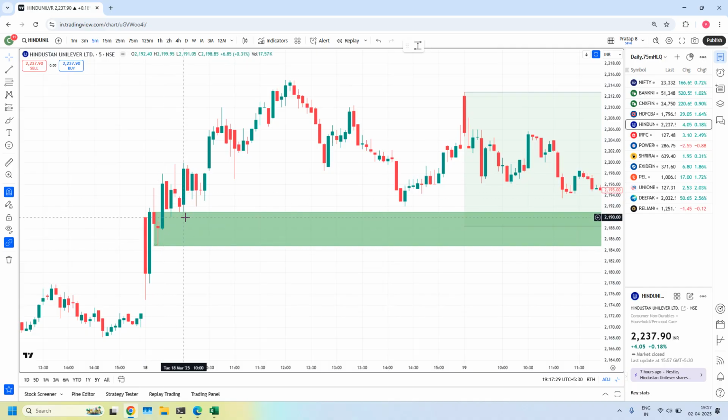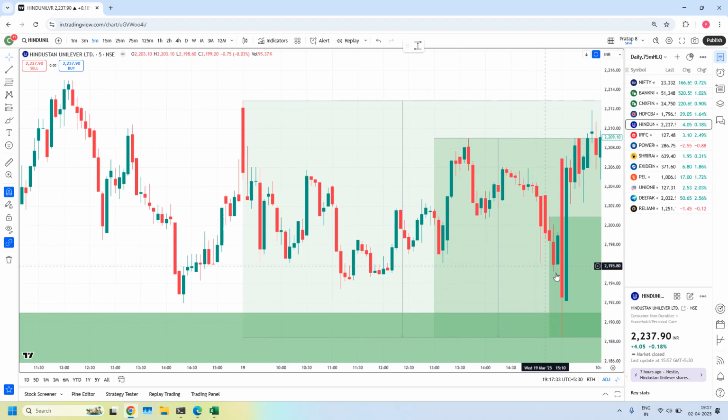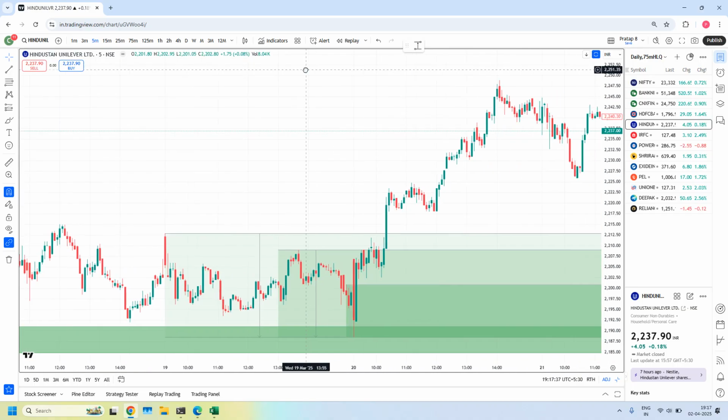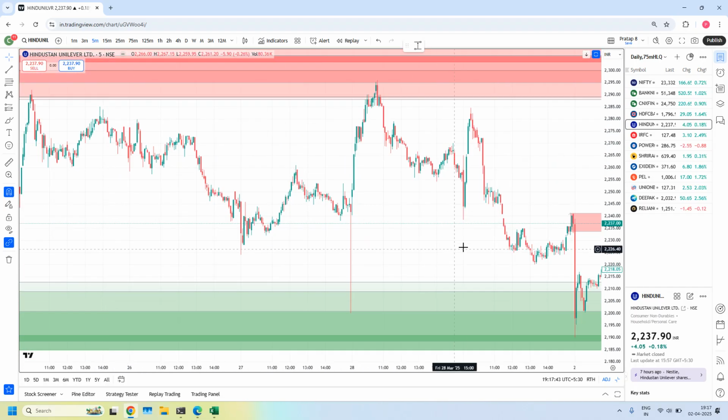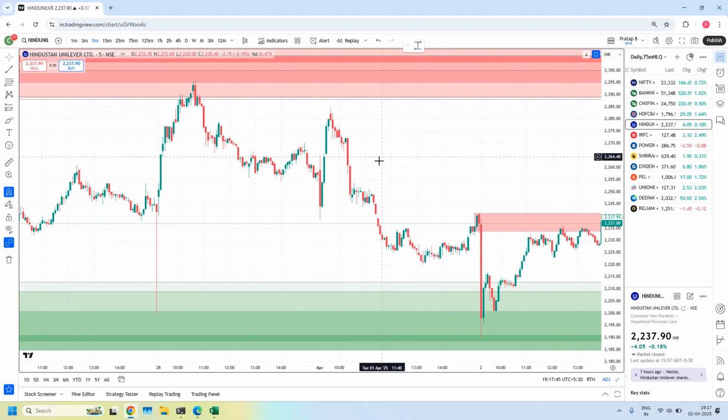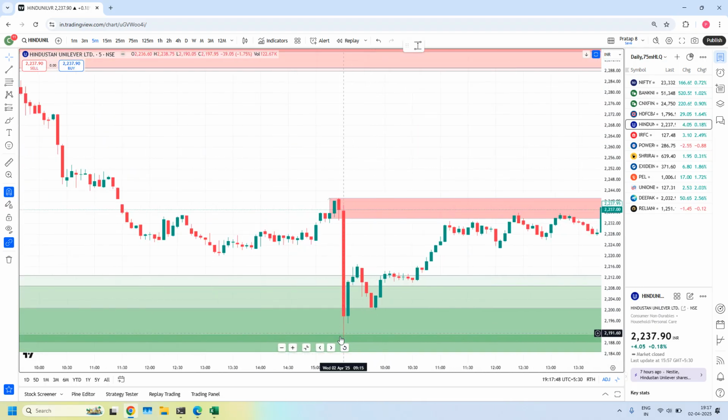This is the area it picked up, and here also it almost came and moved up. The last time it picked up the orders from this zone and again moved up. And this entire daily zone is created by picking the orders from this 5 minute zone. Today exactly in the lower time frame zone horizon, the prices entered and reached up to the 15 minutes target.